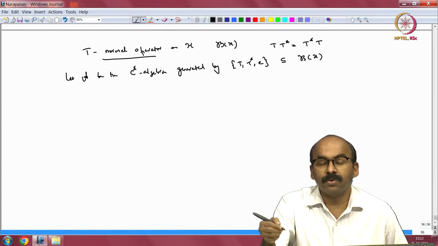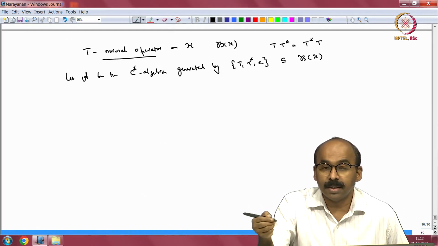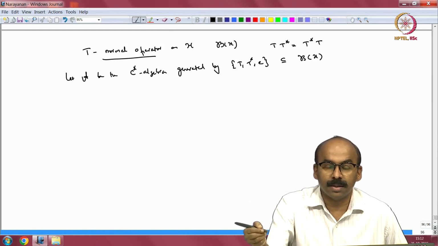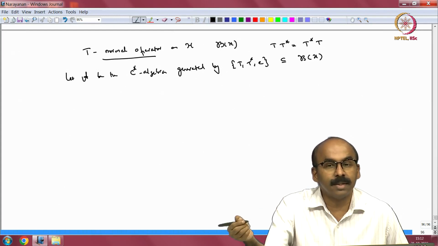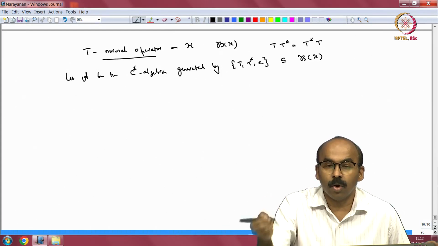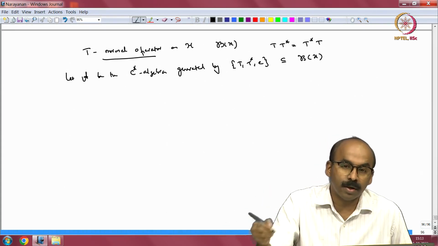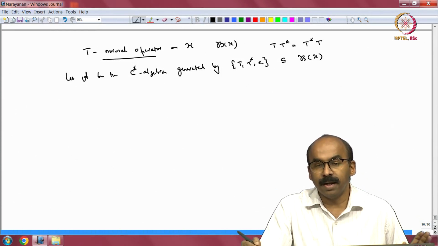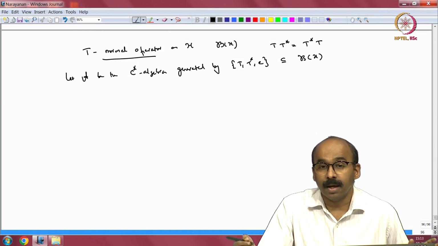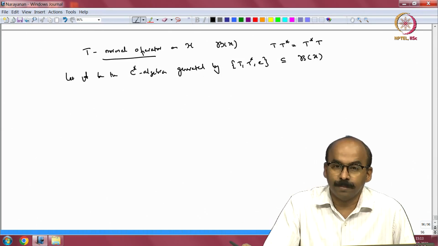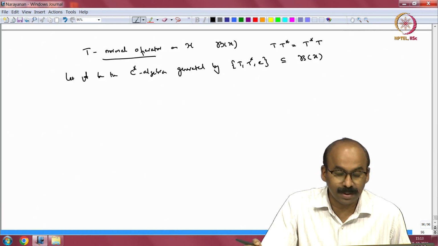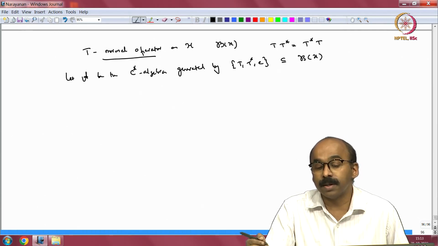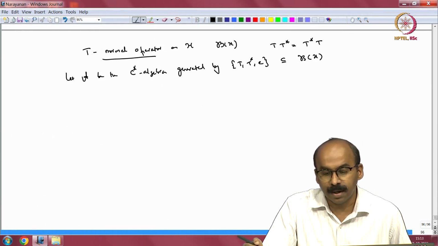So, if you have T, you should have T star, you should have T star square, you should have T star T and polynomials in T and T star, right. But then you also have to take the closure of that, because you want a complete space and so on. So, think of polynomials in T and T star, and then you are taking the closure in the operator norm. So, that is essentially the description of the C-star algebra generated by T and T star.